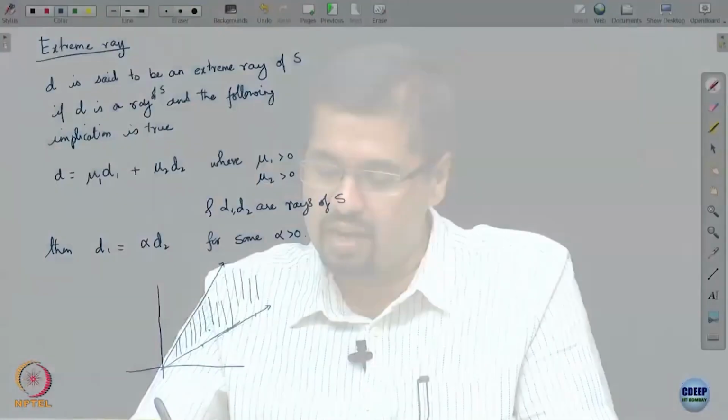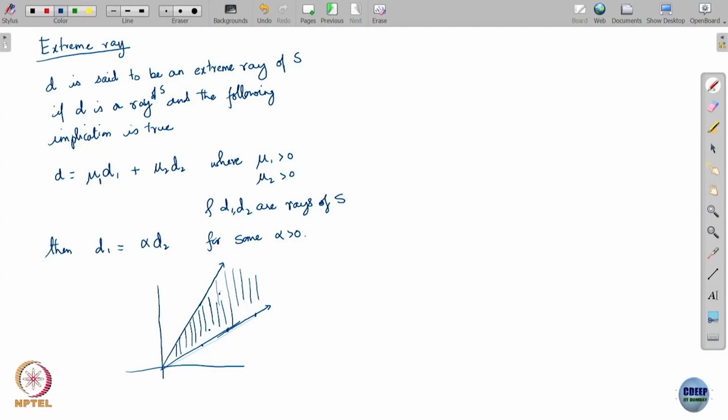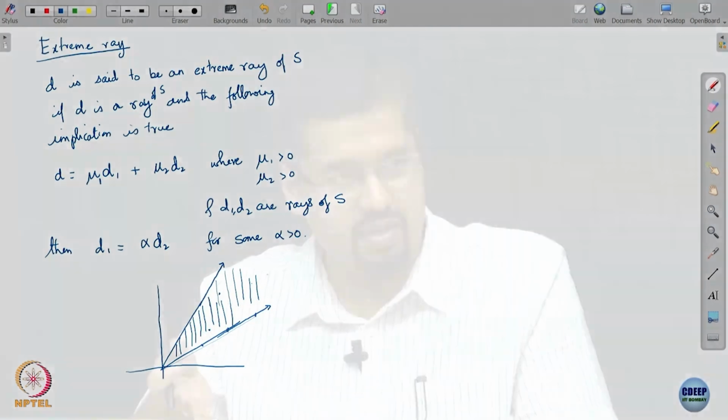Because this is a closed convex cone, you can take conic combinations of any 2 points in it, and it will remain in the set. You can take any point, add to it a scalar multiple of any other point in the set, that is just going to be a conic combination, and that conic combination will be in the set. So, for this cone, the set of all rays is actually the set itself.